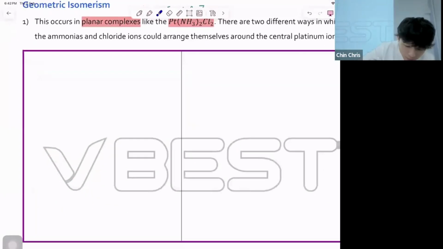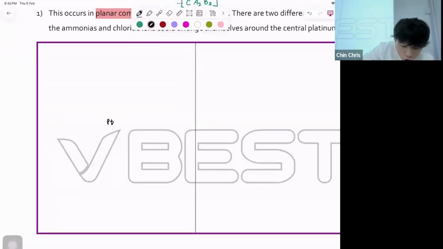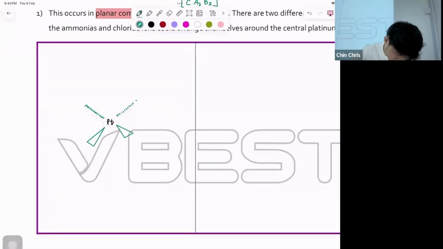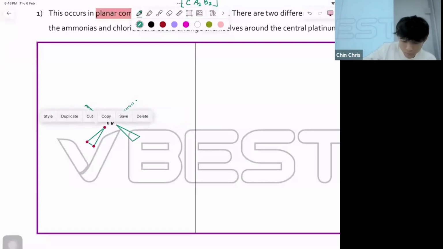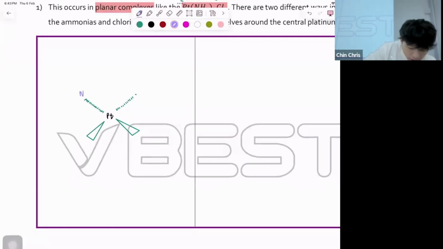I can draw my Pt in the middle, and let's draw a square planar. For the first one, I just put the similar ligand NH3 180 degrees apart.